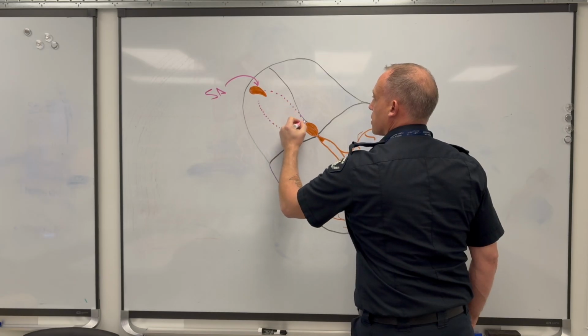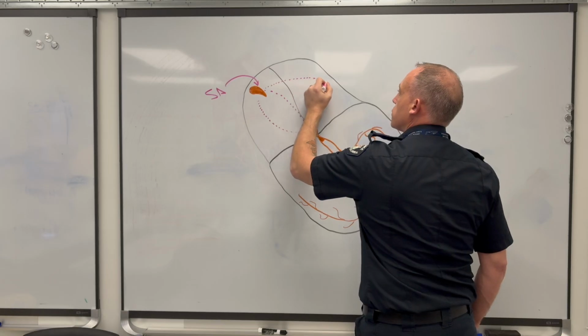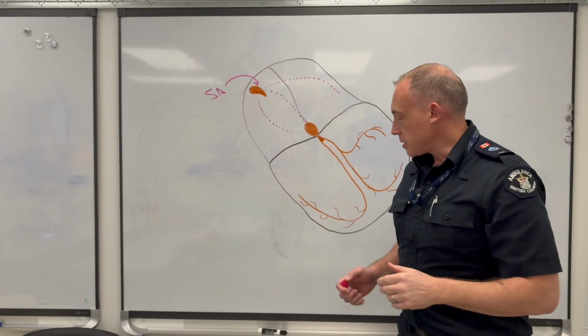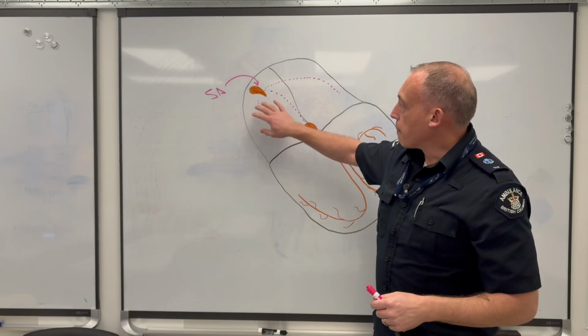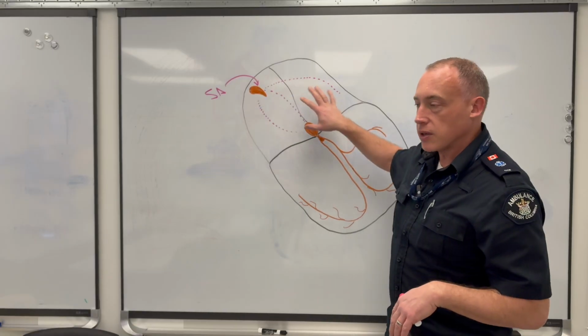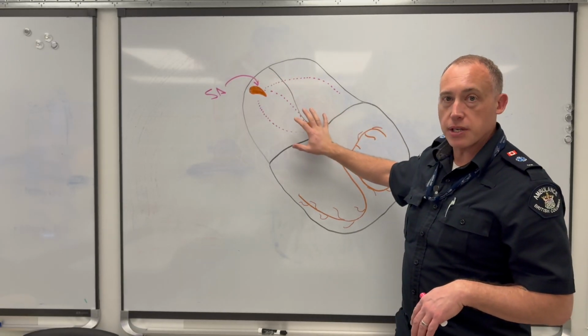And this is a bit different in everybody. There's also a branch that goes off to the left atrium here, which I believe is sometimes called Bachmann's branch or bundle. The names aren't really important, but there are some little mini highways or roadways that this signal takes to get down to this node, but at the same time it's going to depolarize all of the atria.